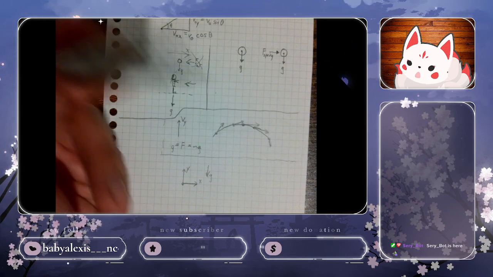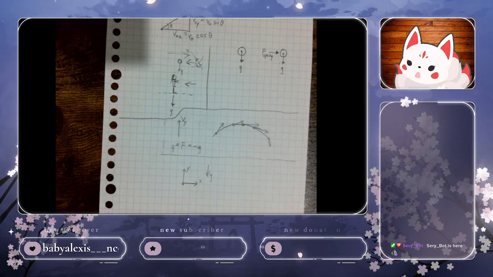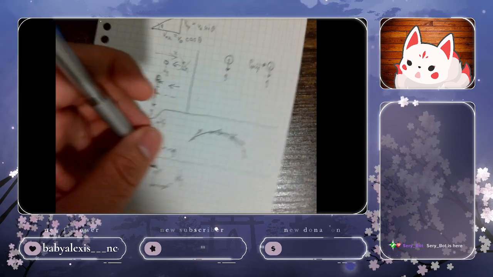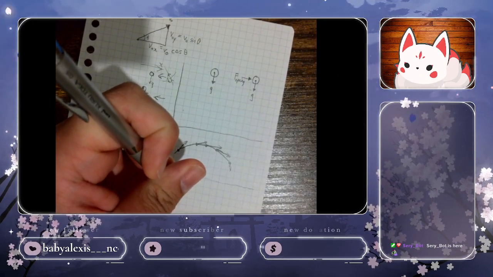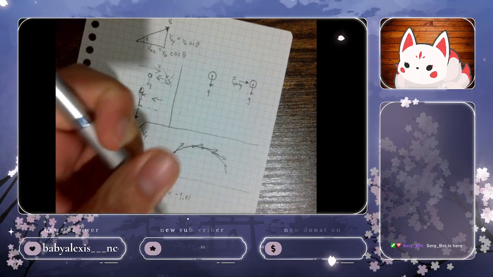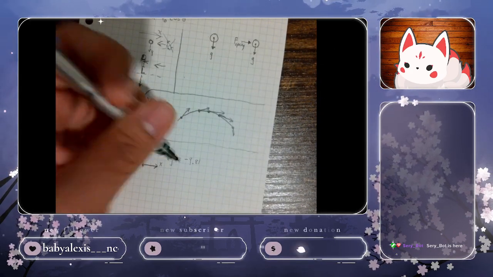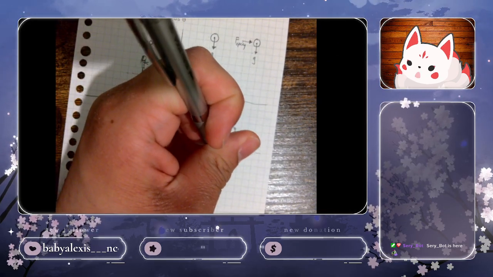It depends on how you want to do it. You can have it as g equals negative 9.81, which in hindsight is probably a better way of doing it.